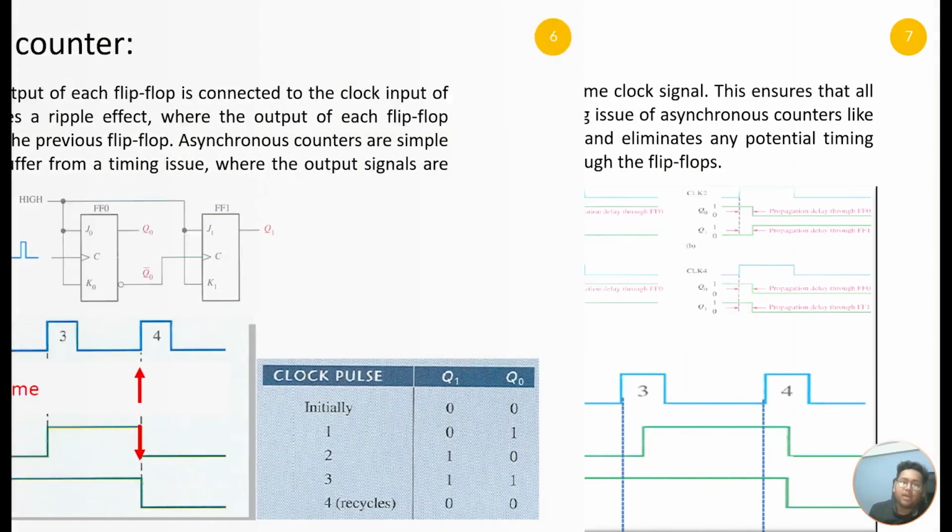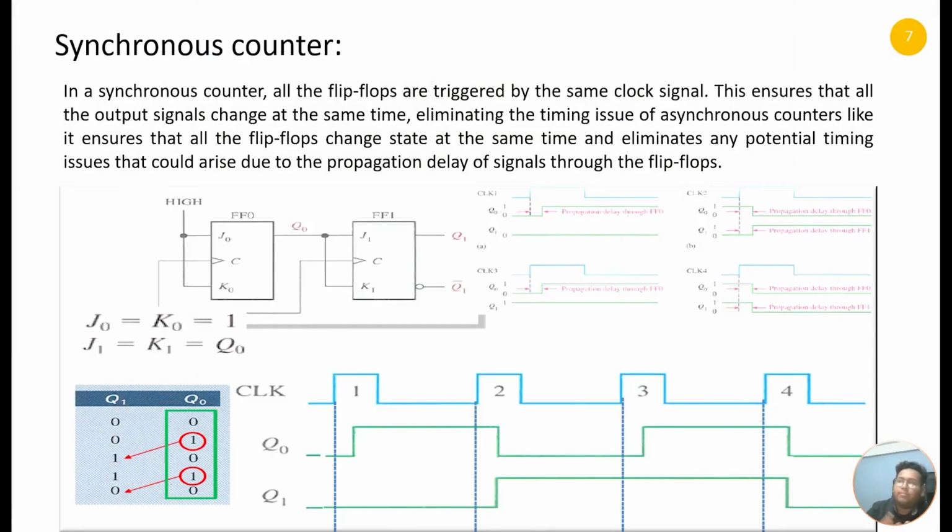In a synchronous counter, all the flip-flops are triggered by the same clock signal. This ensures the output signals change at the same time, eliminating the timing issues of asynchronous counters, and it also ensures all the flip-flops change state at the same time and eliminates any potential timing issues that could arise due to the propagation delay of signals through the flip-flops.